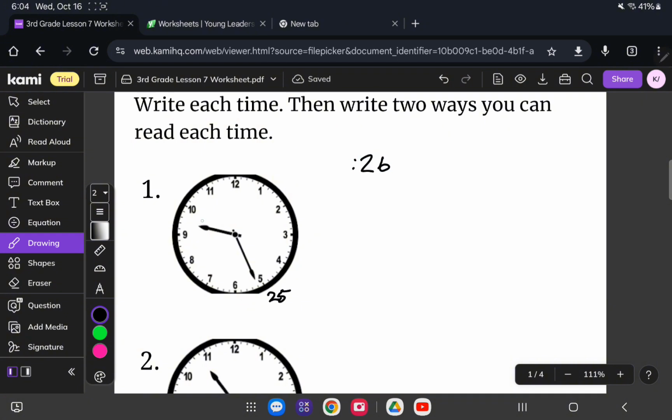Here, we know that each time the longhand gets closer to this half, then the hour also gets closer to the next hour, so that means it is 9 right here.